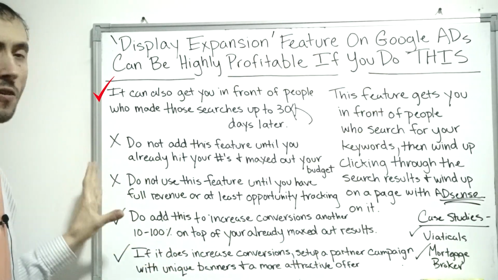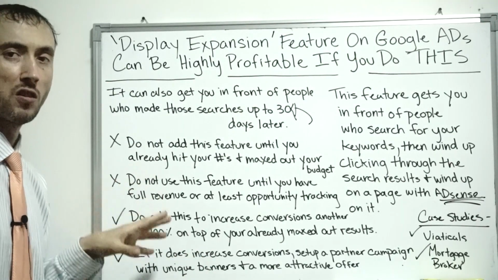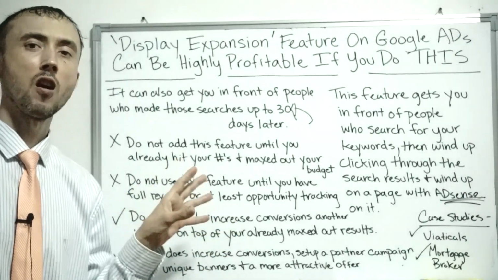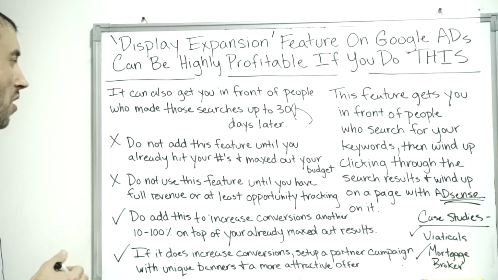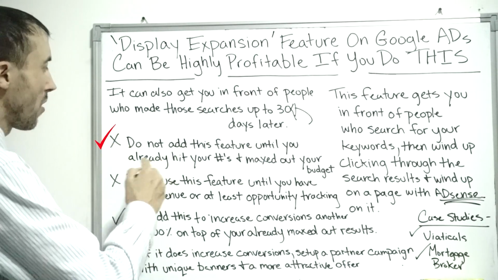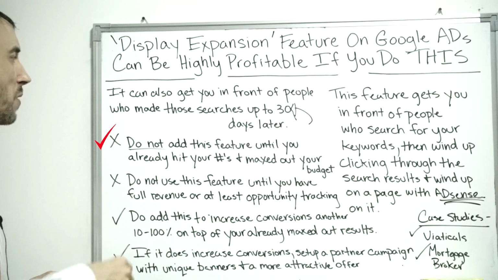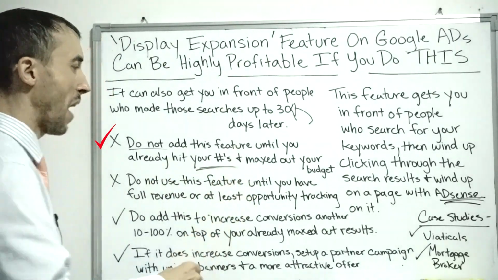Okay, now here are the things that must apply to your business or your current situation for it to really bring in new customers at the cost per customer that you're looking for, or cost per client that you're looking for. Okay, so first of all, don't add this display expansion feature to your search campaigns until you already hit your numbers and maxed out your budget.